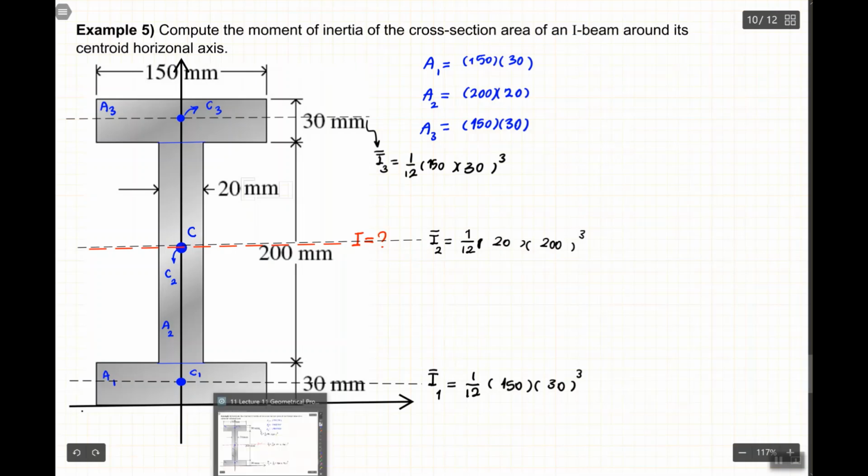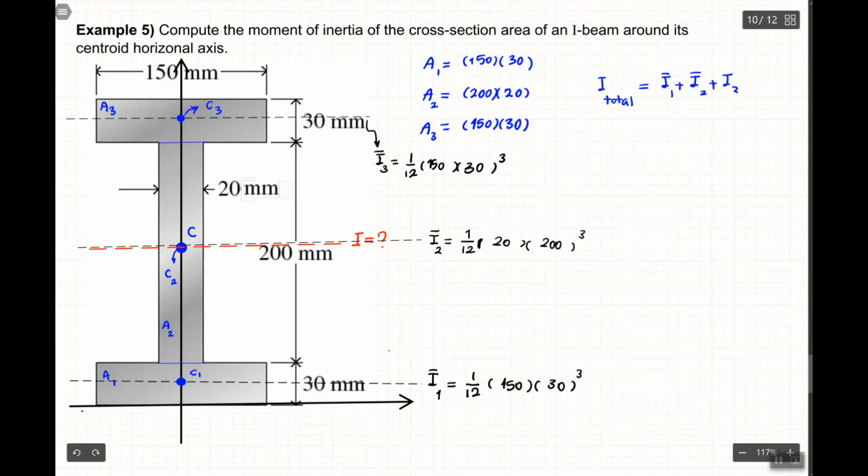We want the total I. But can we add these three numbers together? No. In other words, can I write I total is equal to I bar 1 plus I bar 2 plus I bar 3? No, we are not allowed to do that. Why?